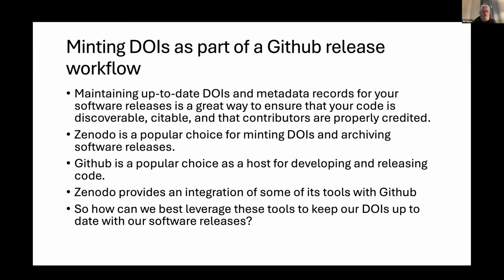So what I'm looking at is how can we leverage these tools to make that DOI minting and management process as easy as possible, and really incorporate that into our release workflows.